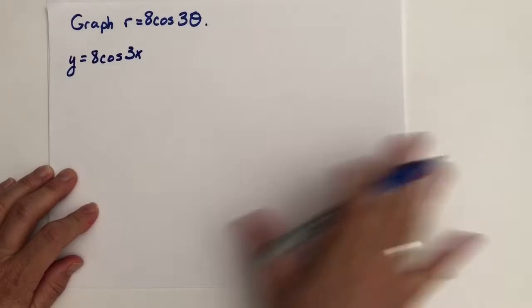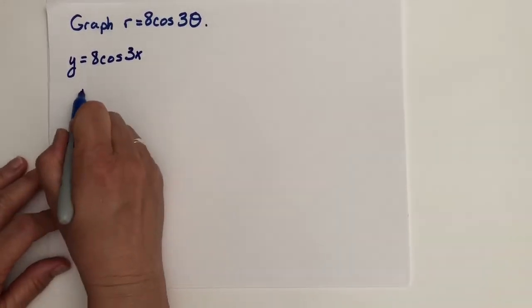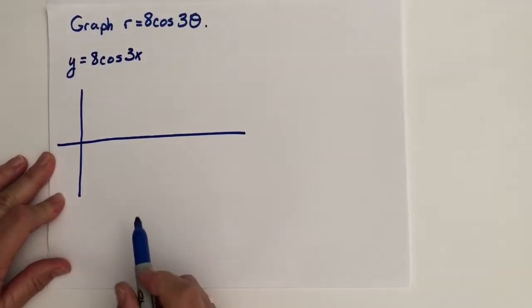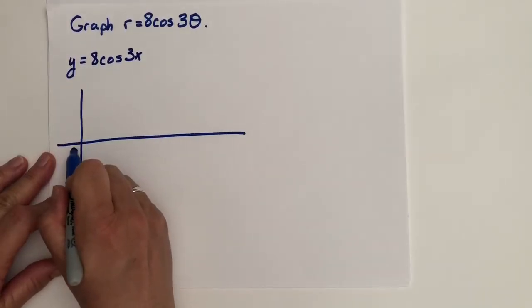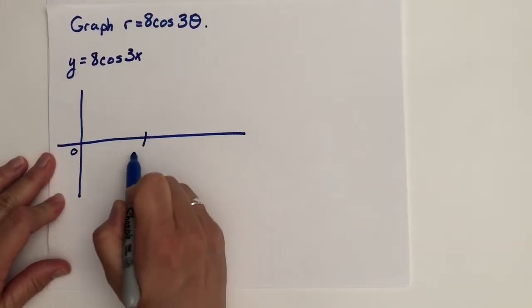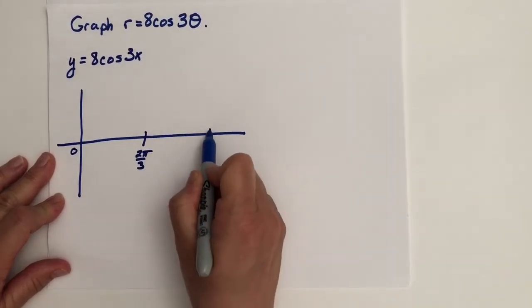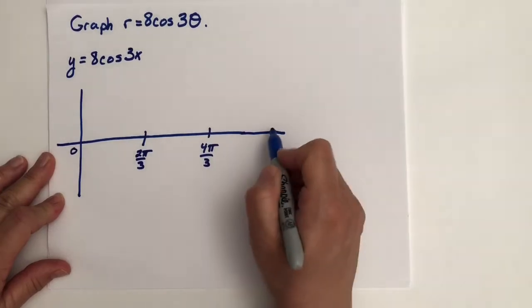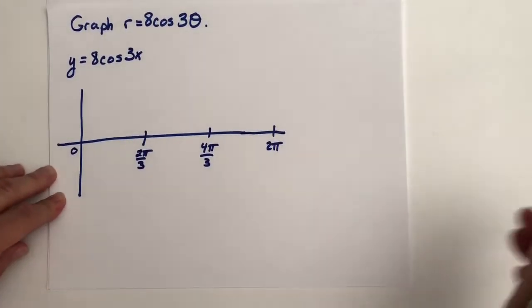And then we'll translate that into a polar graph in a moment. So when I'm considering this graph, I know that the period is 2 pi divided by 3. So at 2 pi over 3, I will finish one cycle. At 4 pi over 3, I'll finish another cycle. And at 2 pi, I will finish a third cycle.